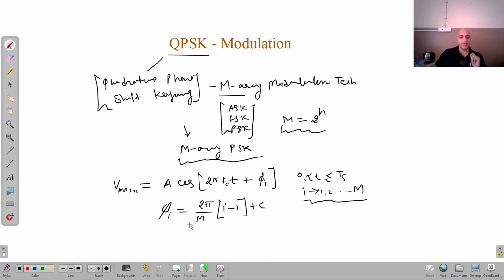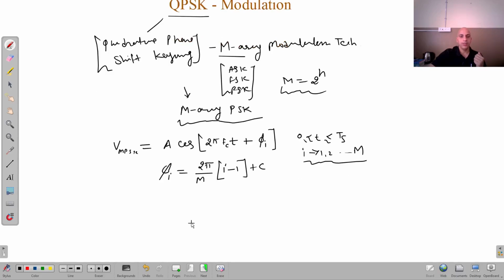So I have told you that two situations arise. The one situation is when we are taking constant equal to 0, that will give me the value of phi i, and for different values of i, if I put the values there, I will get 0, pi by 2, pi and 3 pi by 2, right? So this type of M-array PSK was known as a conventional PSK, right?